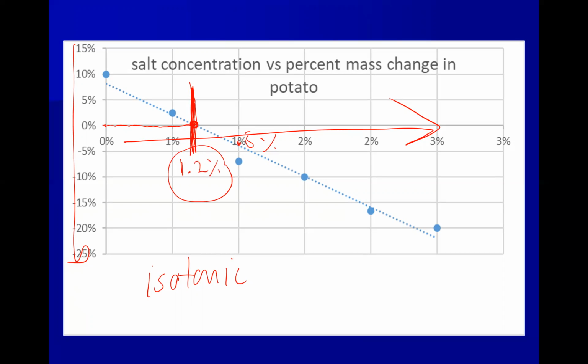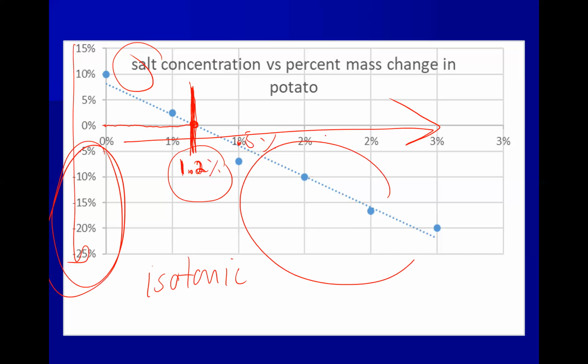I don't know exactly what solute this is, oh, it says salt, so it's probably sodium chloride. So what this graph says is that the potato has an equivalent of about 1.2% salt concentration. We can tell that because at that point, the potato doesn't gain or lose any mass. You can see that this is negative.